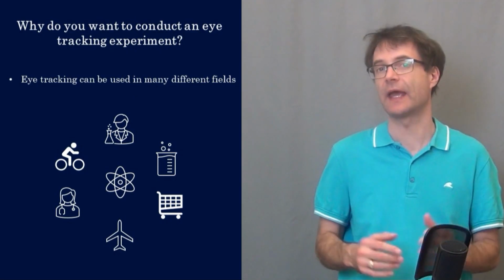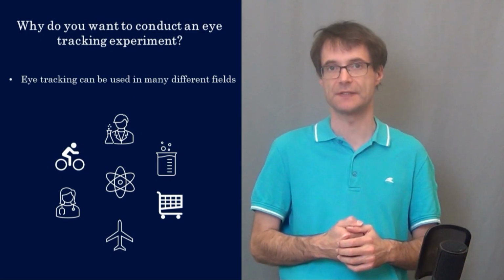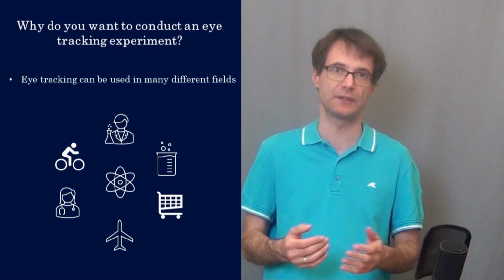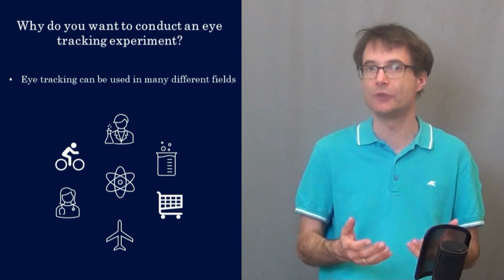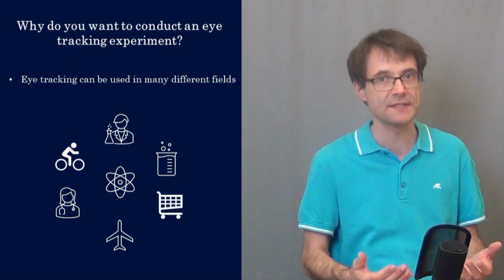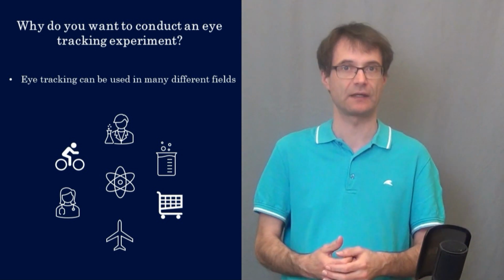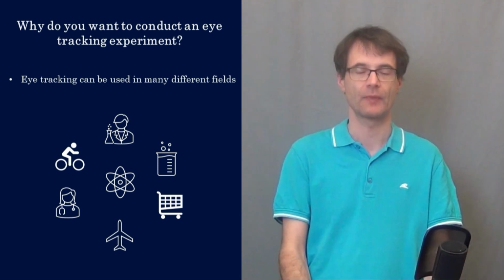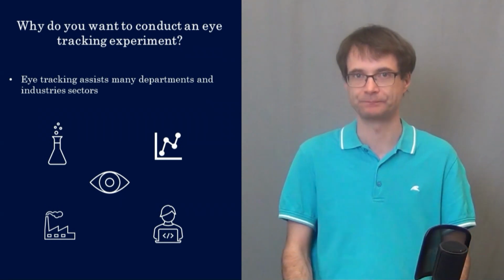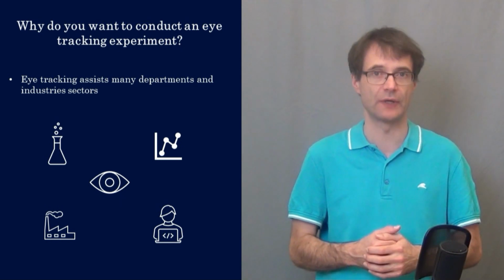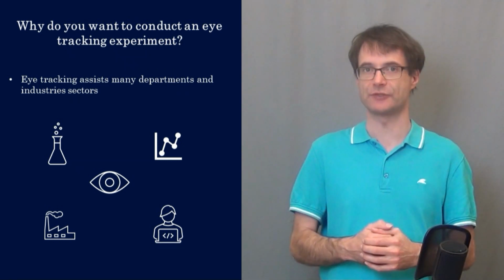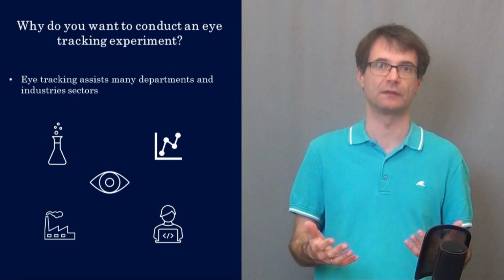Eye-tracking is and can be used in many different fields, like cognitive science, psychology, usability research, automotive, aviation, market research, sports science, medical tech, and many more. If you're a scientist, your goal is to create knowledge. If you are a researcher or engineer in the industry, your reasons for conducting eye-tracking experiments might be more practical.